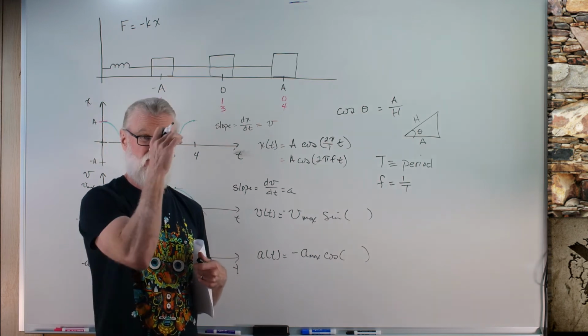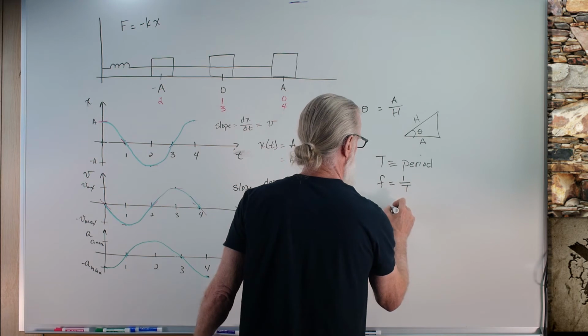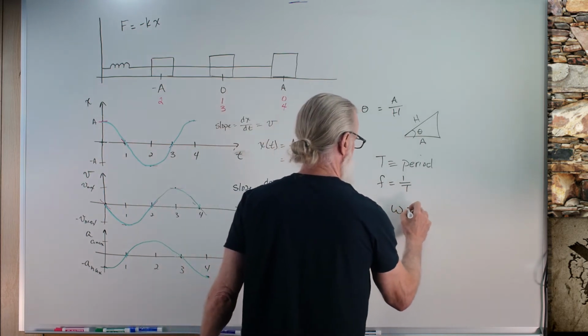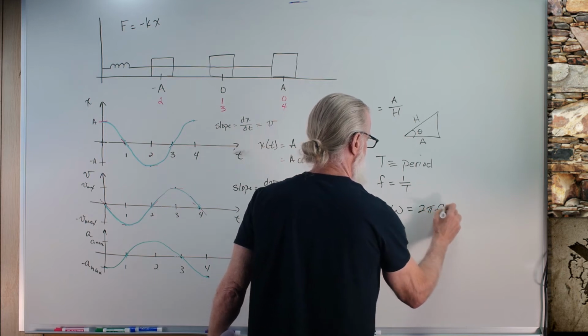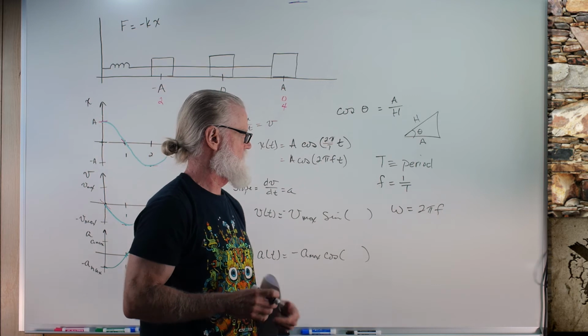And if you remember from our circular motion, if something was going around in a circle, we said its angular speed was 2 pi f. That would be radians per second.